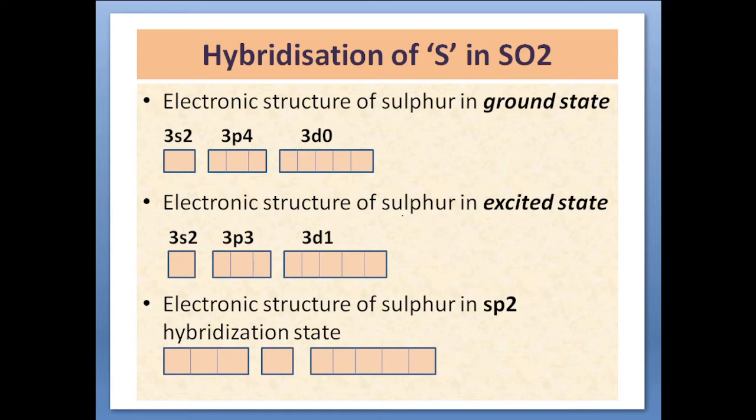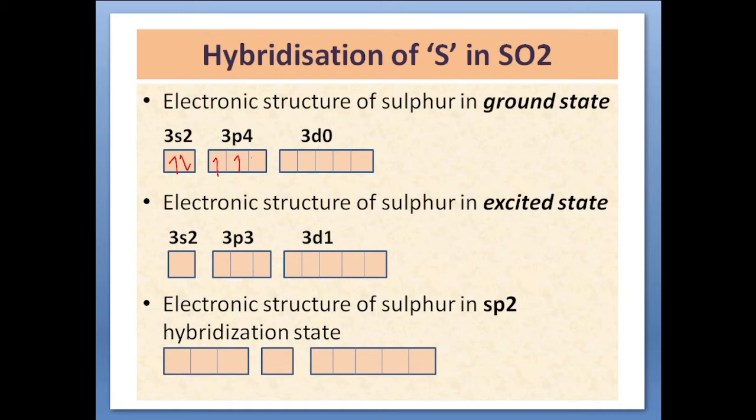Let us see how the bonds are formed. The electronic configuration of sulfur is 3s2 3p4. The 3s orbital contains 2 electrons and the 3p orbital contains 4 electrons.